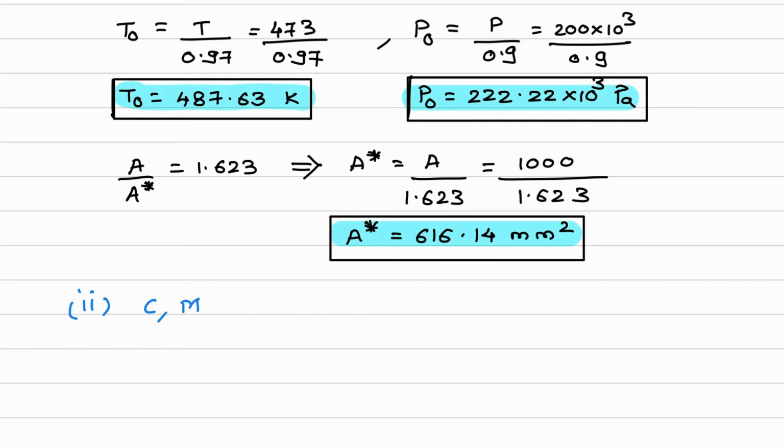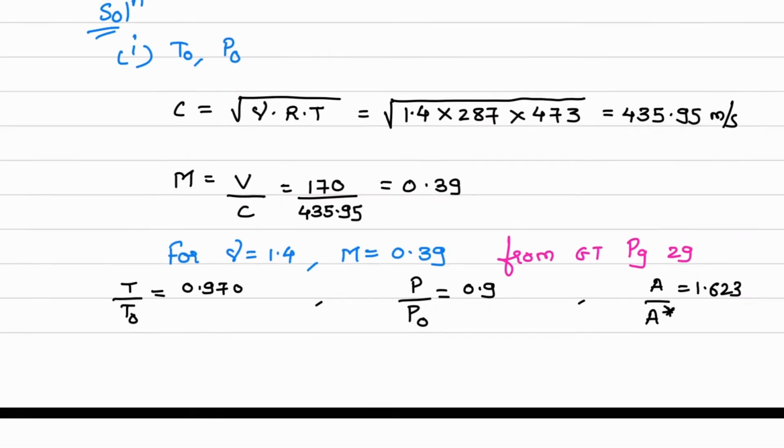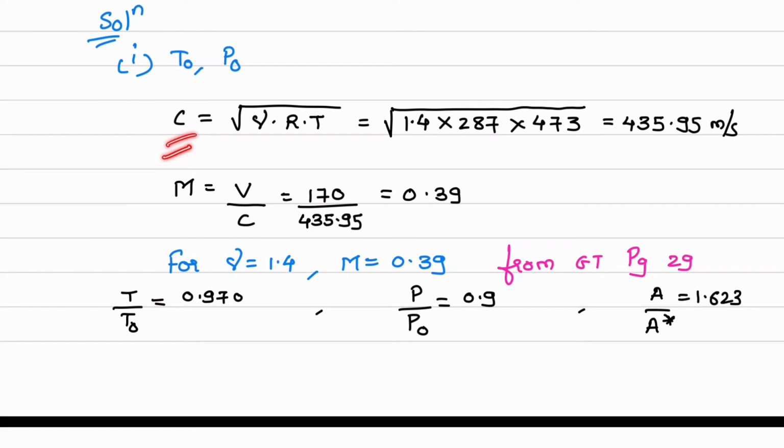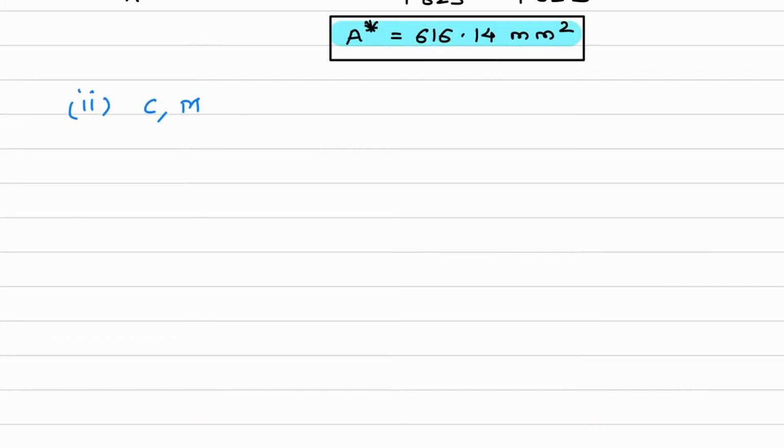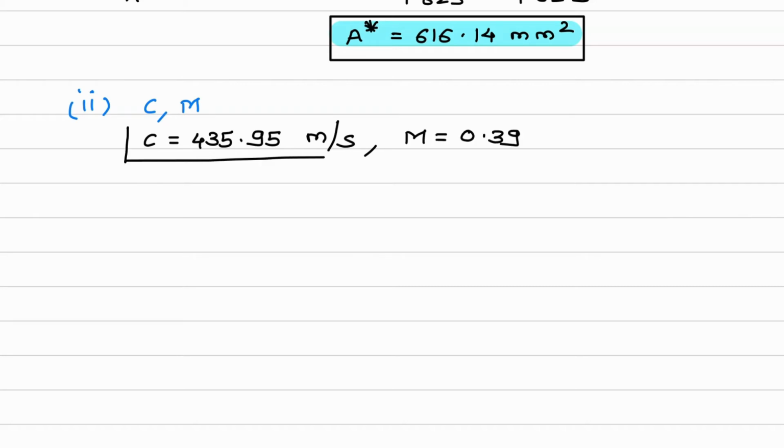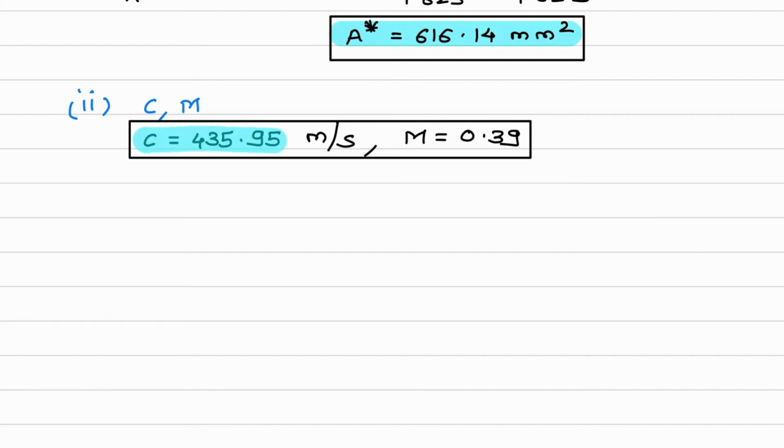Sonic velocity is 435.95 meter per second, whereas Mach number is 0.39. So I'll write down these two values again as the answer: sonic velocity C is equal to 435.95 meter per second and Mach number is equal to 0.39 at that section. Okay, so this is the second answer.